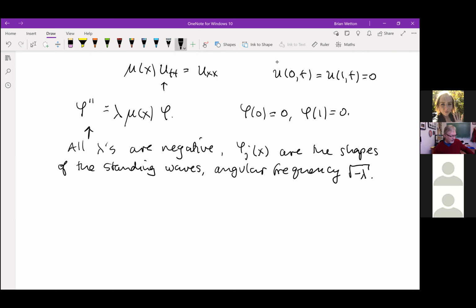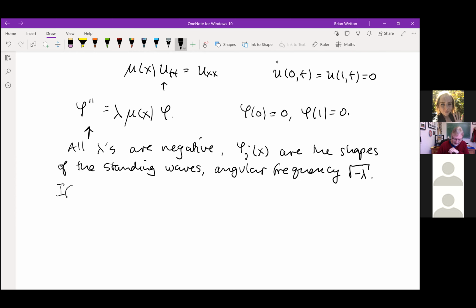Now, here is where you would actually have to go back to the derivation to work out what happens when you have mu discontinuous. So you have two different types of string tied together in a knot, right? You're looking at the Cauchy problem for that kind of situation in one of the assignment questions. I can't remember if it's the assignment coming up or the one after that. So this is a little bit tricky.